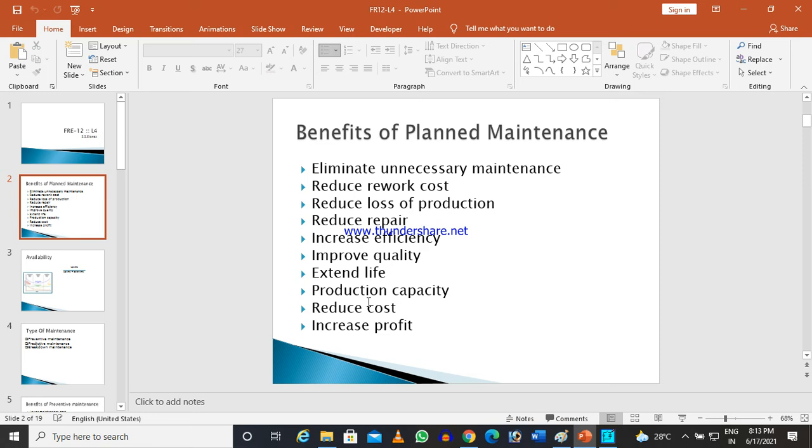The oil gives the lubrication, so the frictional loss will be reduced. So if you do that kind of planned maintenance, periodically, when the kilometers are reached or the time has elapsed, and change the engine oil and the coolant, then definitely the performance of my engine will be better, which will give extended life.